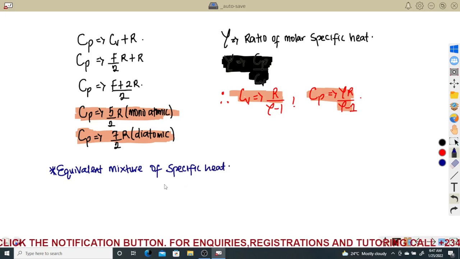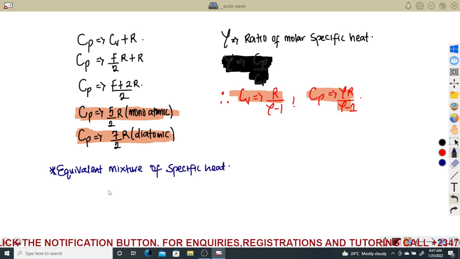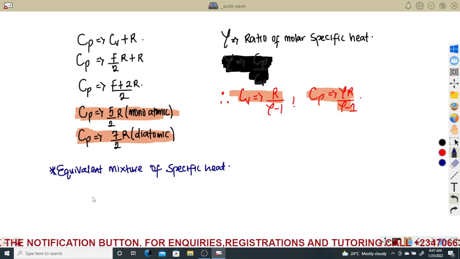If we talk about the equivalent mixture of specific heat, you all know the formula for change in internal energy is F/2 nRT. Because F/2 R is Cv, I can always write it as n Cv dT. Keep this change in formulas and interpretation at the back of your mind.